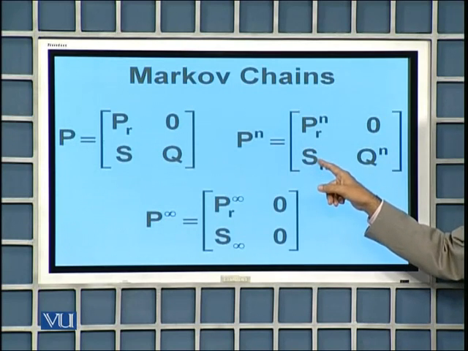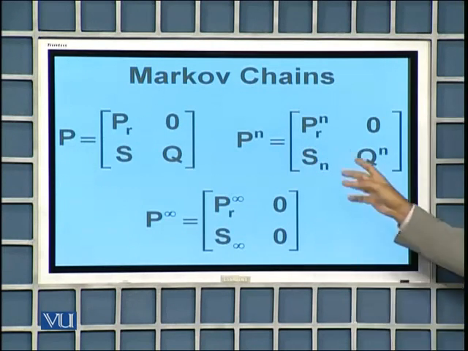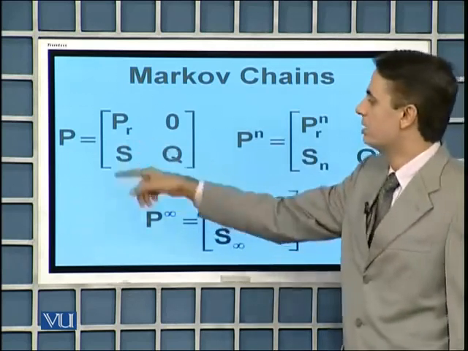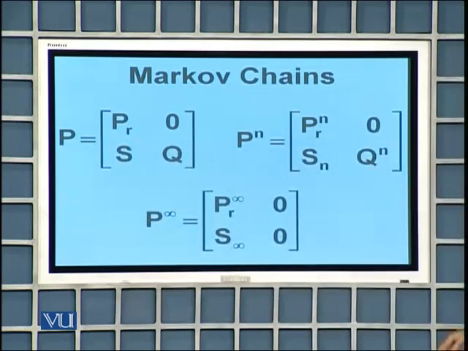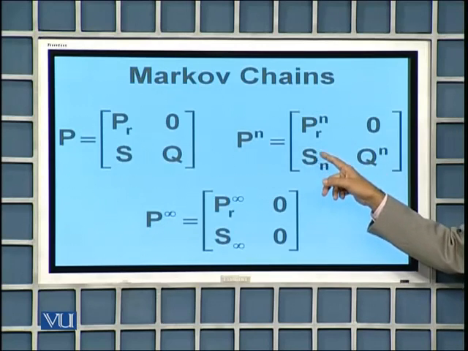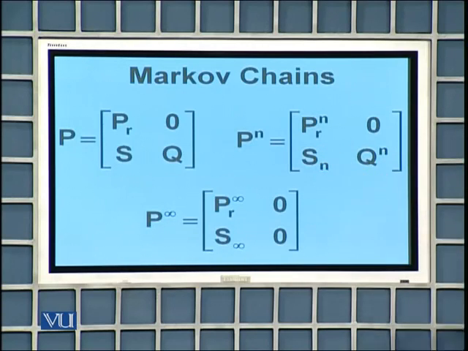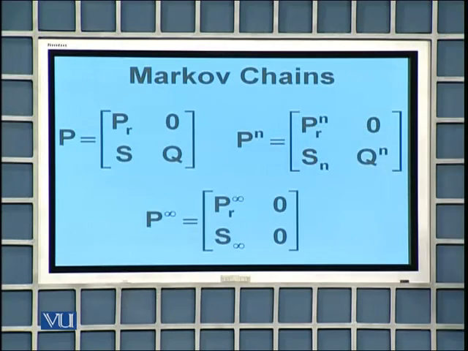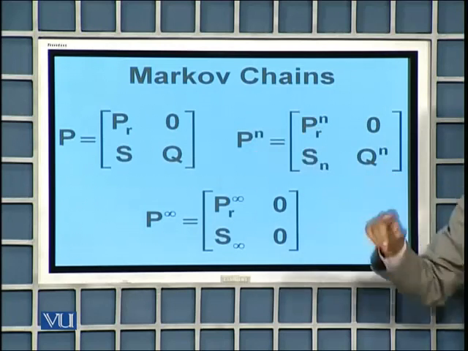I have not shown it as S raised to power n because this will not be the nth power of this S matrix below PR. This will be an nth version of this lower matrix, and it is shown as S with subscript n, not with power n. But this top left corner matrix will be the nth power of PR.